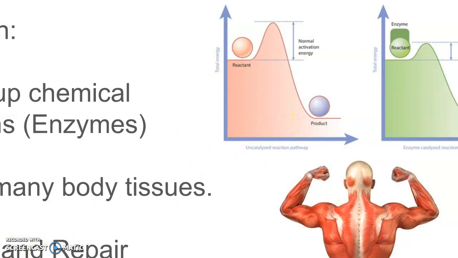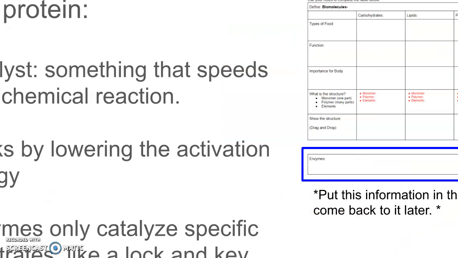And then enzymes. This is going to be part of a protein. So in your chart, the arrow is coming out of proteins because that's where enzymes are found, in a protein. So, catalyst: this is going to speed up your chemical reaction.